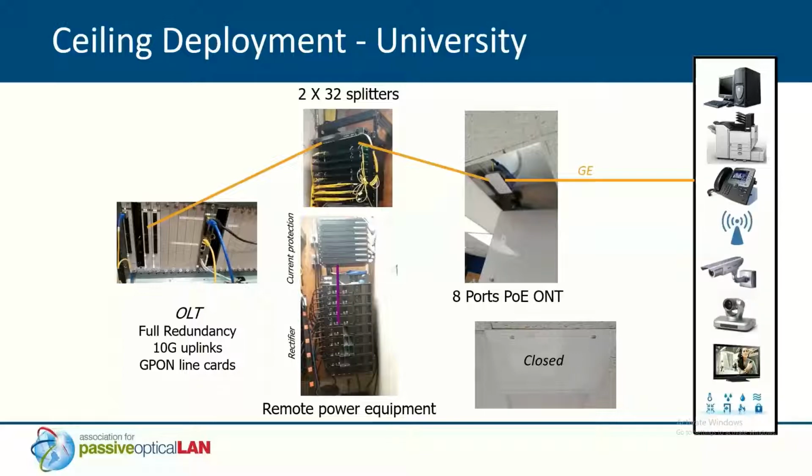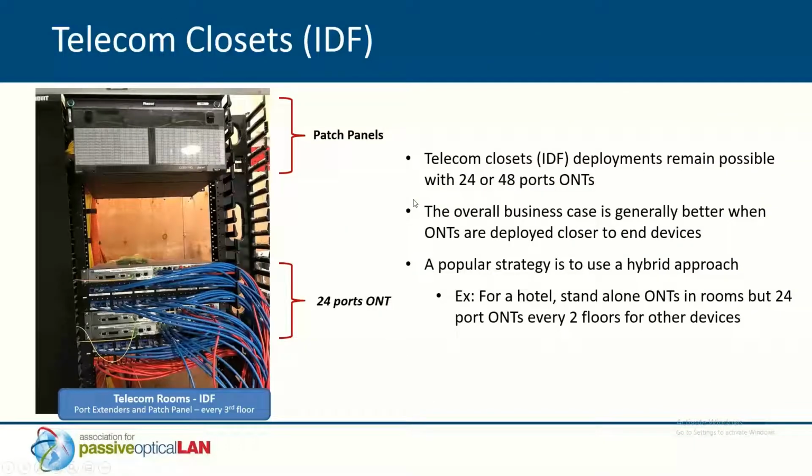If you have a fiber cut or SFP fails or connector fails, you'll continue to provide connectivity to those ONTs. And in the bottom middle there, this is more along what Jeremy will be talking about, but this is the remote power DC distribution to the ONTs.